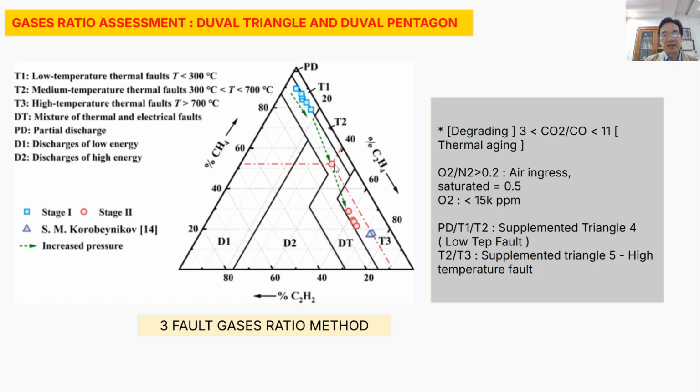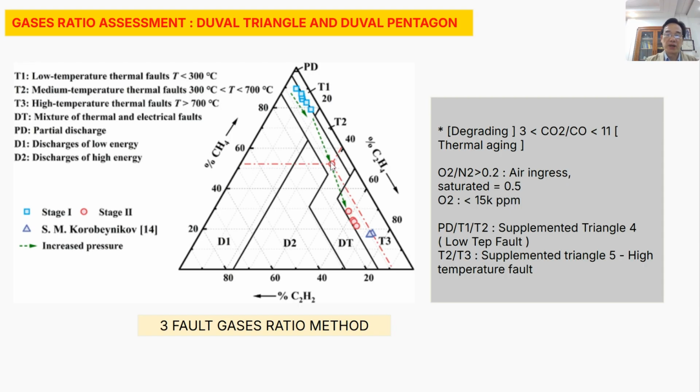Finally, we can find one point: each composition of the percentages of the three gases corresponds to a unique point here. Then in this triangle, number one, we have seven specific zones representing seven faults in the transformer.